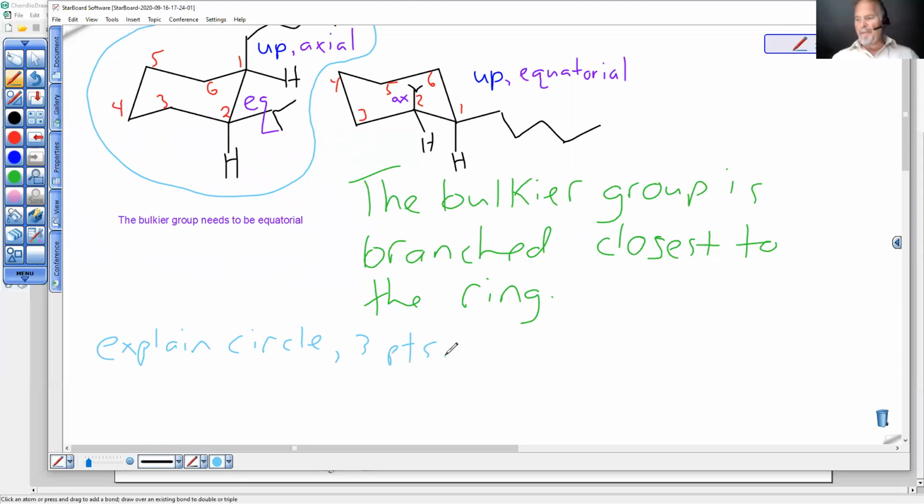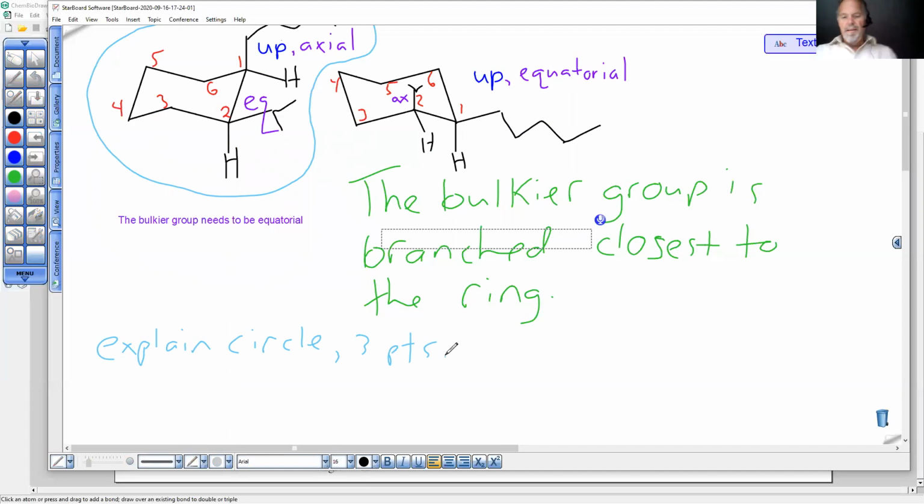I'll type it. Here we go. You have to have bulky in your answer. You have to have the magic words that I promised earlier worth 2 points: 1,3 diaxial repulsion. The bulkier, I had the same typo before too.